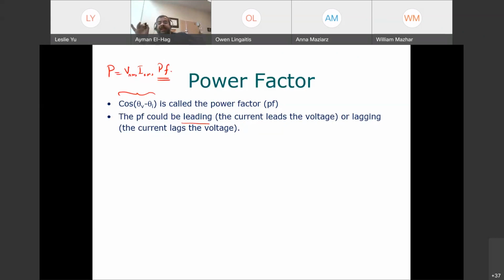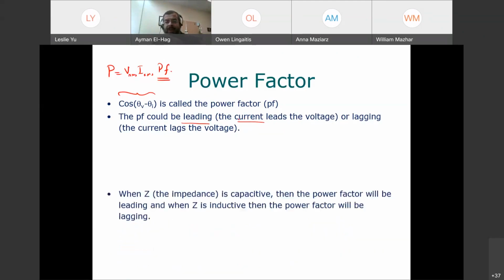If the load is resistance, then the voltage and the current are in phase, so there is no leading or lagging. Now, if we have a capacitive load, we say that the current leads the voltage, or the voltage lags the current. But we always use the current as our reference. So the words leads and lags depend on the current, not on the voltage.